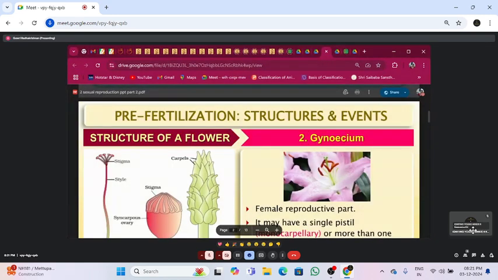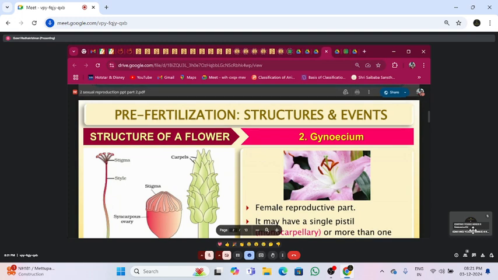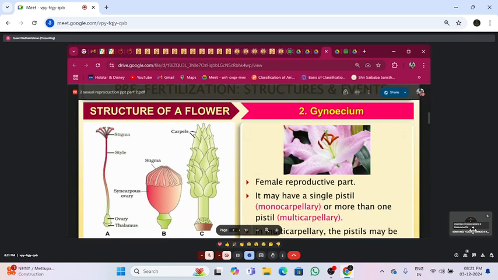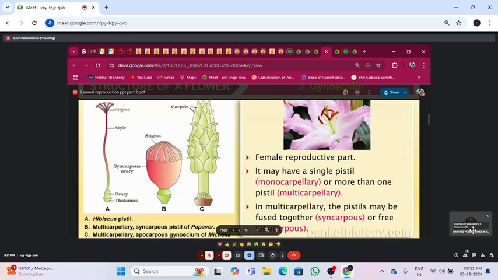Now, the female reproductive part, the gynoecium of the flower, is called the pistil. This pistil consists of style, stigma, and ovary. The ovary is attached to the thalamus.